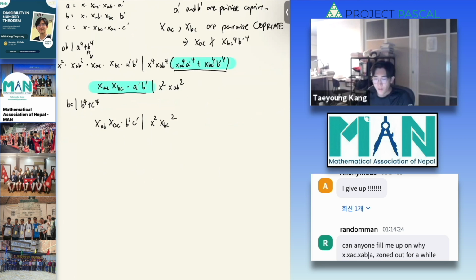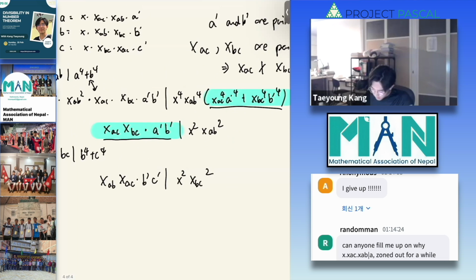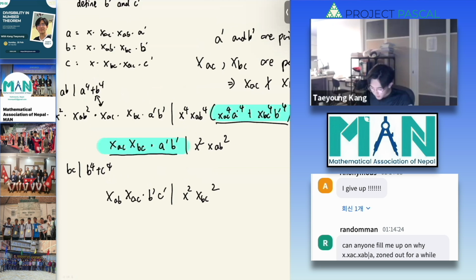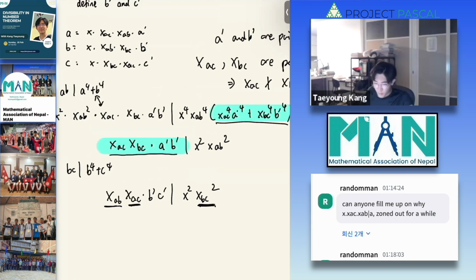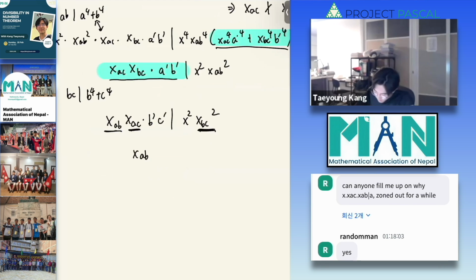And moreover, since we know that our x_AB, x_BC are coprime, like these two are coprime, and also these two are coprime, we can reduce this into x_AB divides x squared.